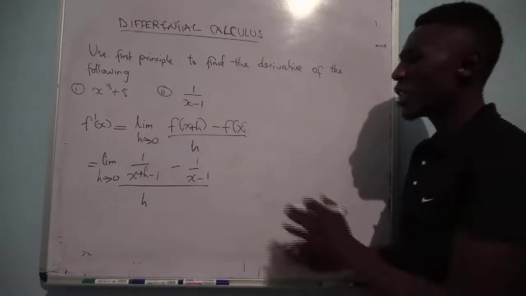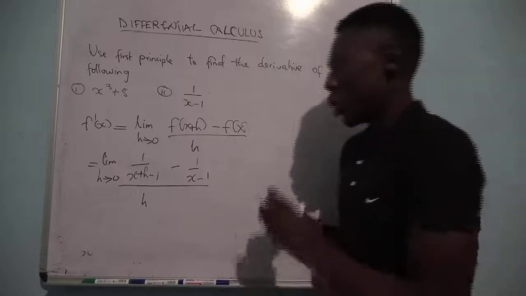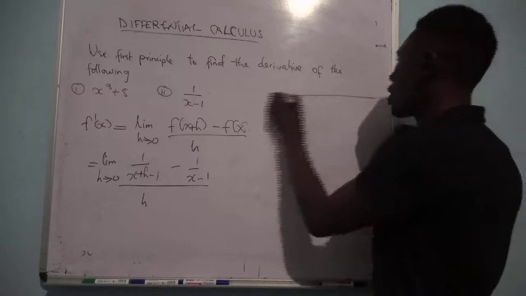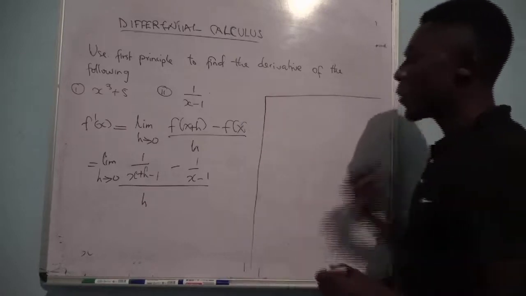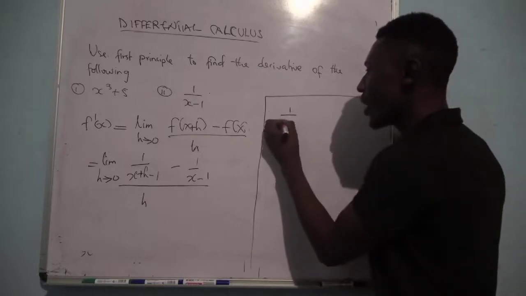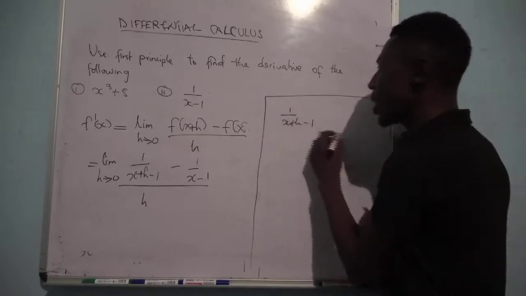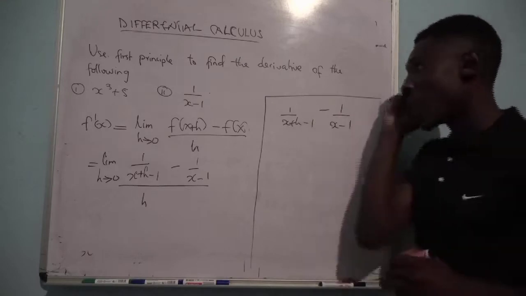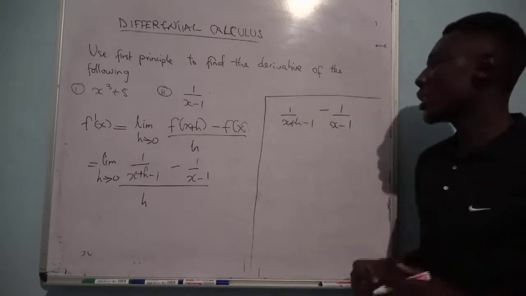So, if you look at this one, it's having more work to be done. So, we're going to simplify it. I'm going to solve the numerator on this part, which is 1 over x plus h minus 1 minus 1 over x minus 1. Given this, I'm going to find the common denominator.